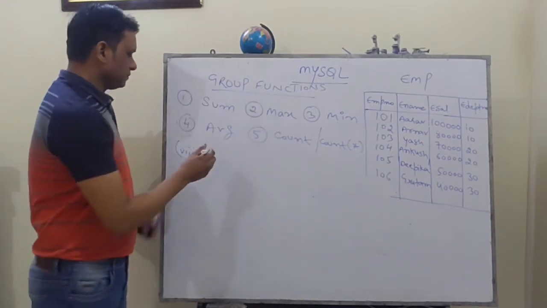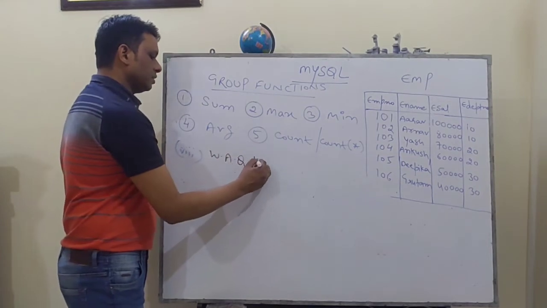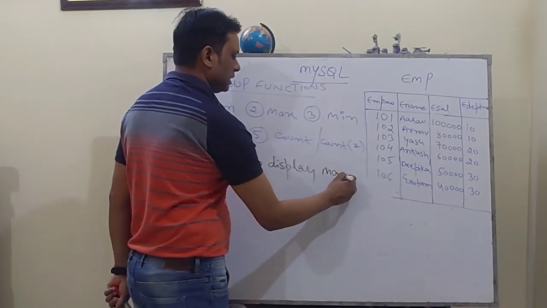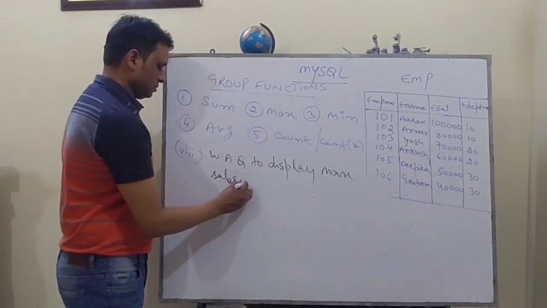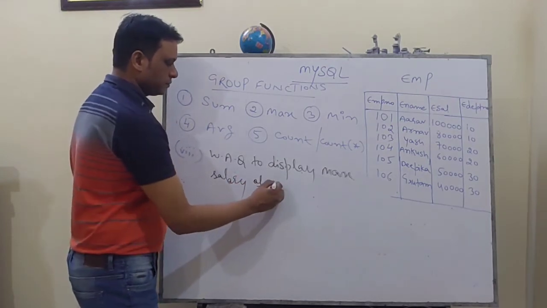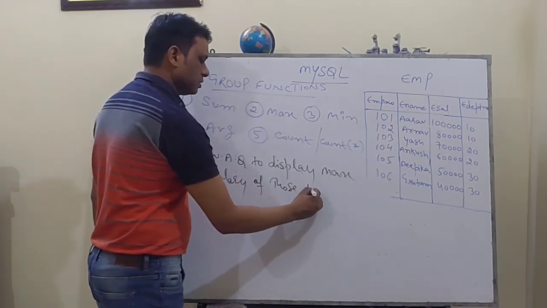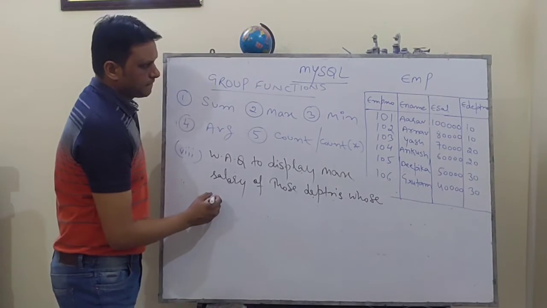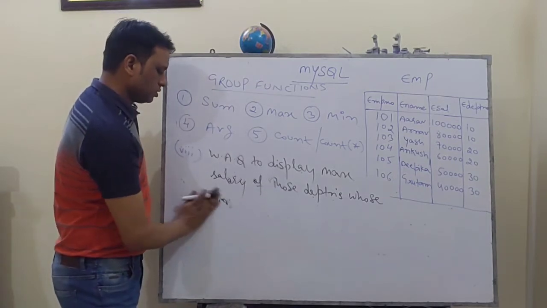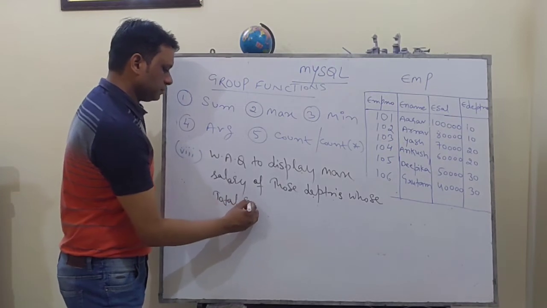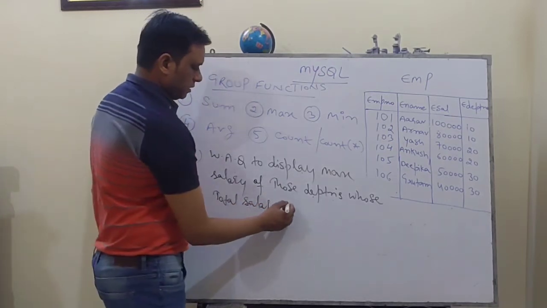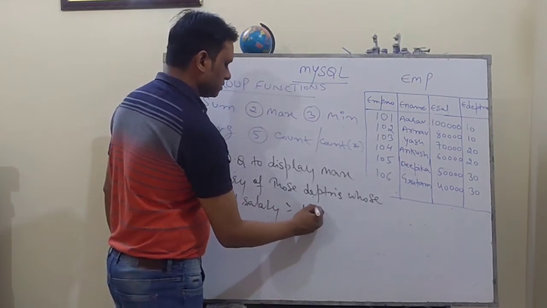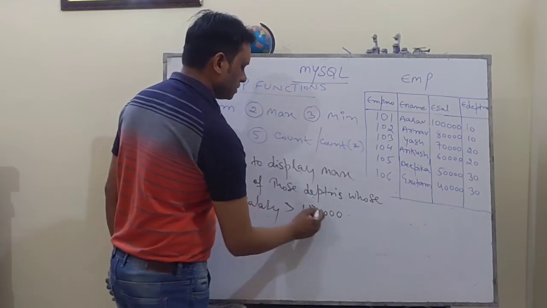Write a query to display maximum salary of those departments whose sum salary, or total salary, is greater than 1,50,000.